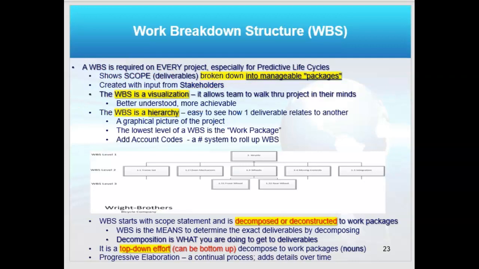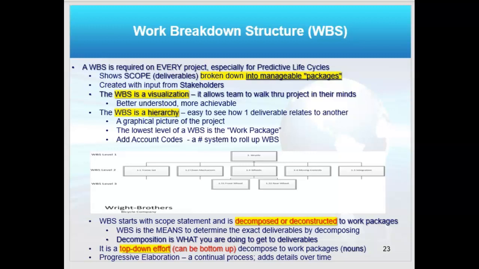Now, back to predictive project management, the scope statement gets broken down, and the word we use is decompose. We decompose the scope statement to create this organizational chart looking thing in the middle of the slide. That's called a work breakdown structure. It breaks the work down or decomposes the scope statement into manageable packages.